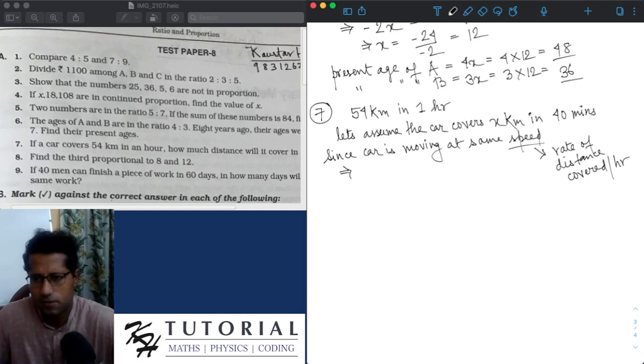So if this has to be the same, then we can apply the concept of proportion. This will imply that 54 is to x will be in proportion with 1 hour.